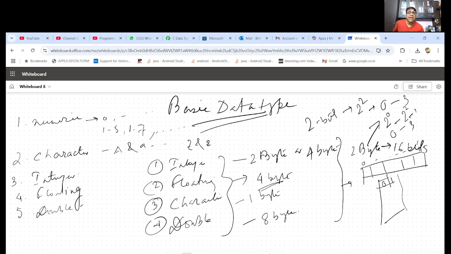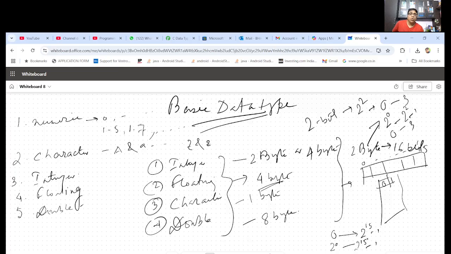So if you think about 16 bit, then obviously it should be the range of 0 to 2 to the power 15 minus 1. That means 2 to the power 0 to 2 to the power 15 minus 1.